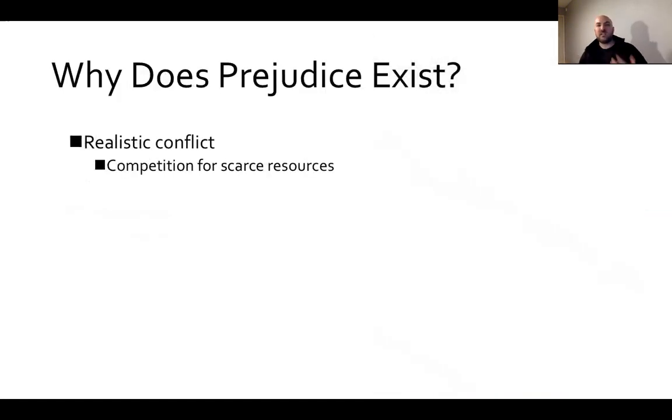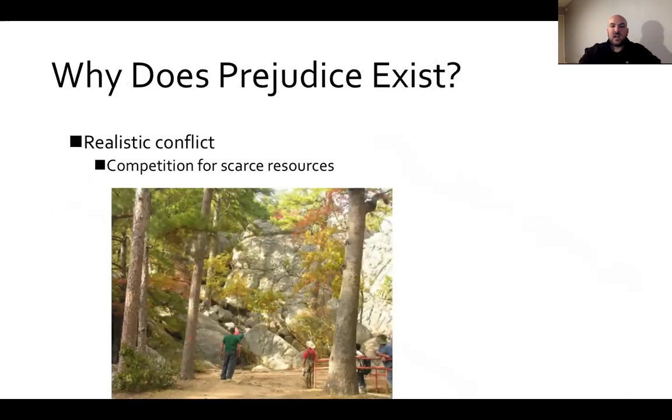So why does prejudice exist? The first theory I want to talk about is realistic conflict theory. Realistic conflict theory argues that when you have two groups competing for a limited or scarce resource, prejudice is going to be the result.